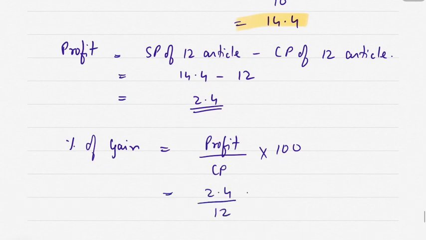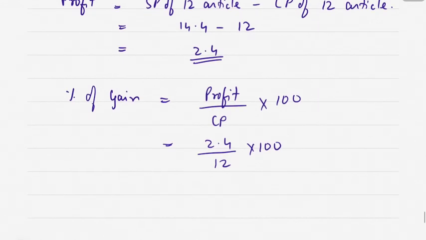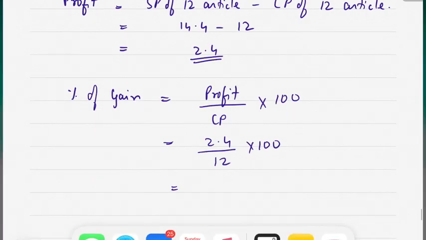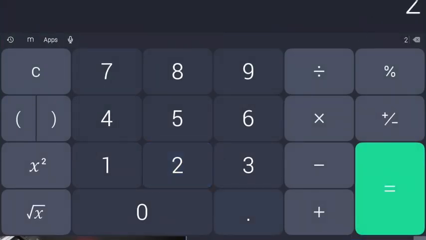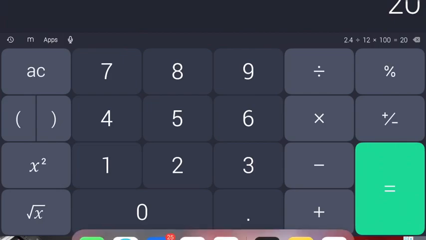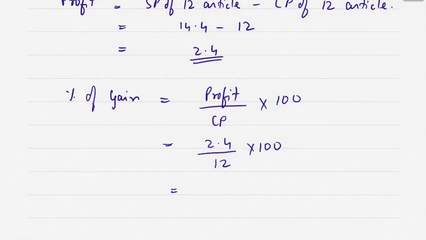Profit is 2.4 upon 12 into 100, which comes to 20%.